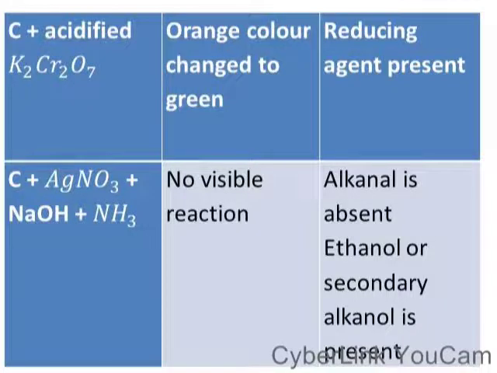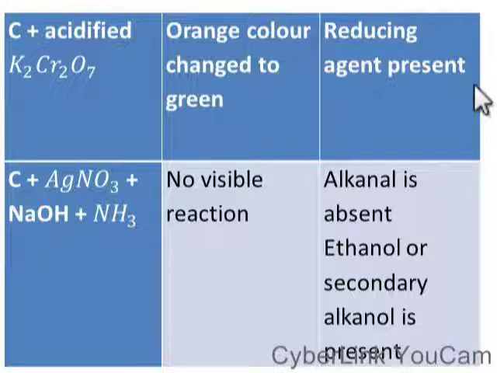Now, when you add a portion of C to acidified K2Cr2O7, the color of K2Cr2O7 is orange. Check the one you are using in your center. It's either orange or yellow. But whether orange or yellow, the color changes to green.